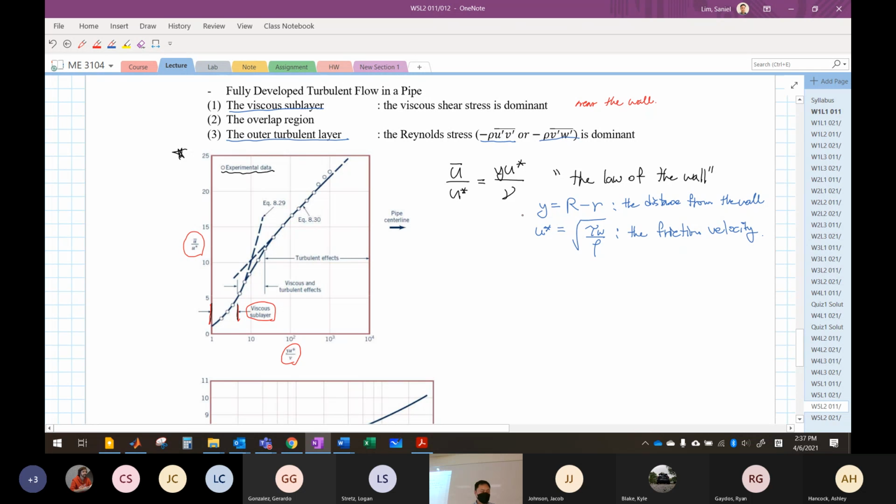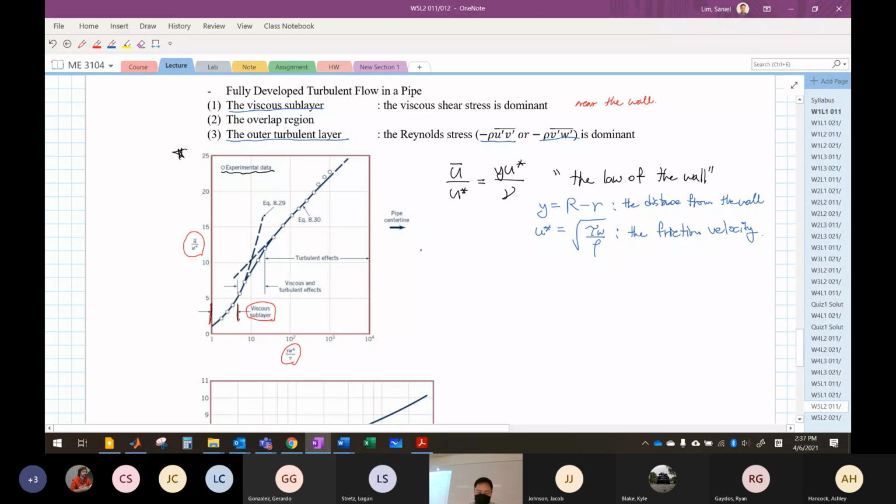If I look at 0.001 millimeter out from the wall, what's the velocity of the flow? If I know the wall shear stress and the density, then we can just use this graph to find out.